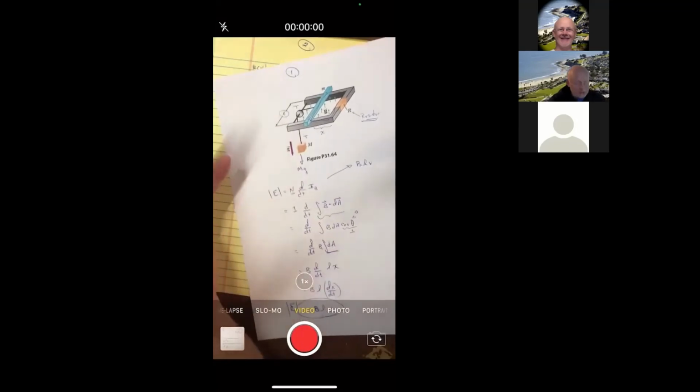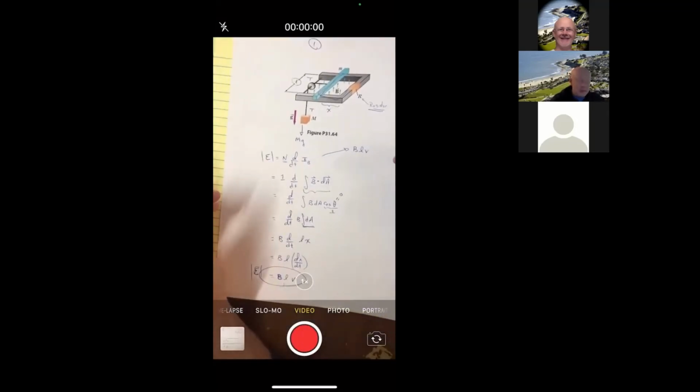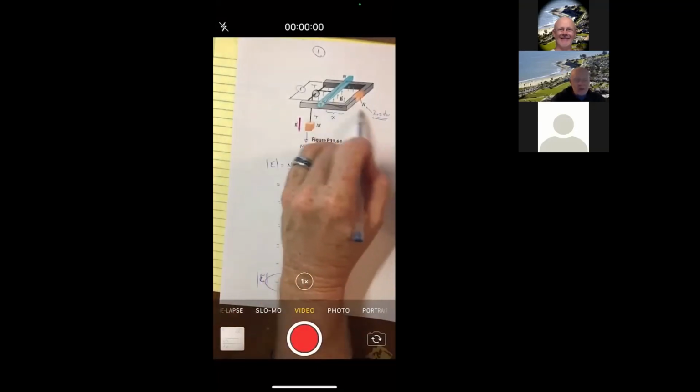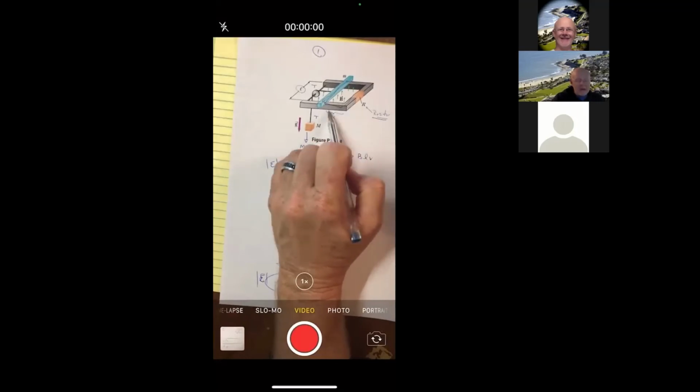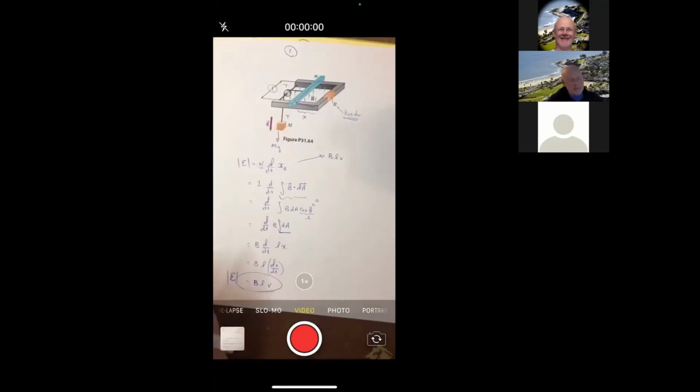That's the voltage we get from this moving, which is a motion EMF, this moving metal bar in a magnetic field. Sometimes we like to use the phrase moving magnets make electricity. But then the resistance is only this thing here. I guess they're saying the rest of it doesn't really have much resistance, so we can ignore it. So I would just divide it by R. So that would be the magnitude of the current.